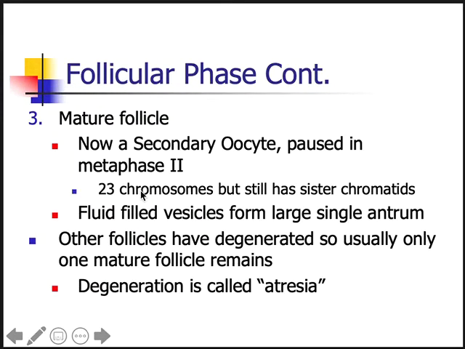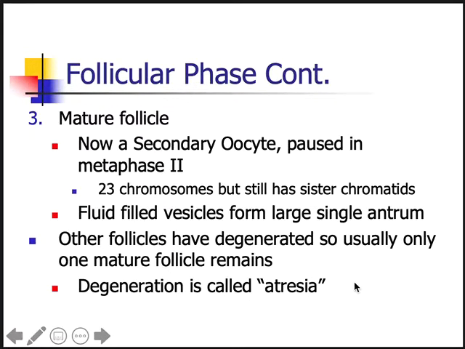Okay, so at this point, you have a mature follicle that contains a secondary oocyte. Any other follicles that may have started to grow will degenerate so that you only have one mature follicle that remains. This degeneration is also called atresia.